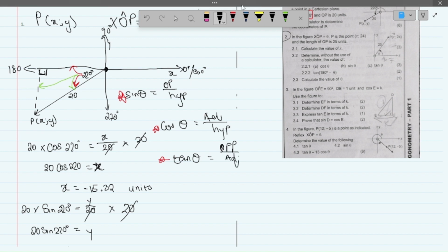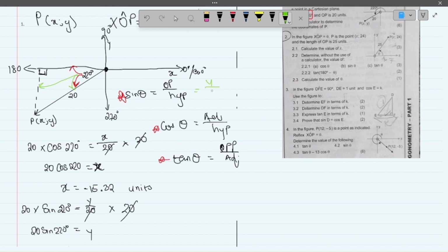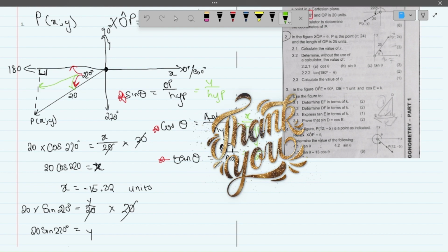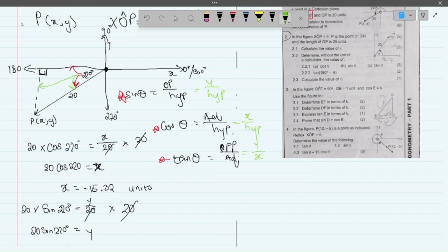In terms of coordinates, sine, opposite over hypotenuse, would be y over hypotenuse. Cosine would be x over hypotenuse, and tan would be y over x. So as long as you understand these things, guys, then you're good to go for this type of question.